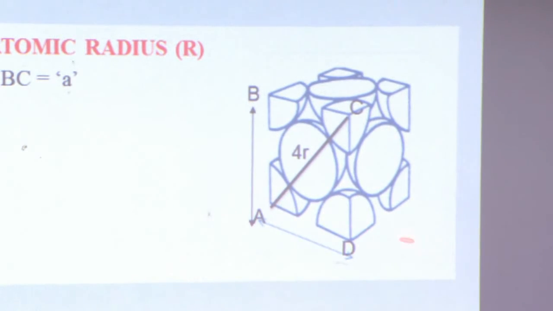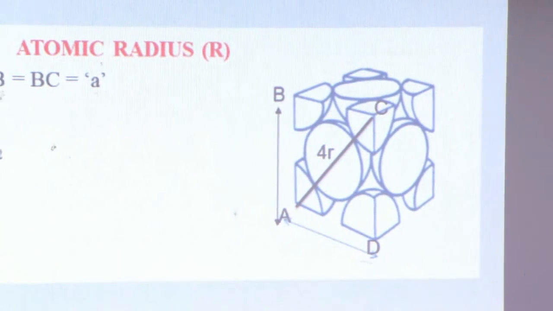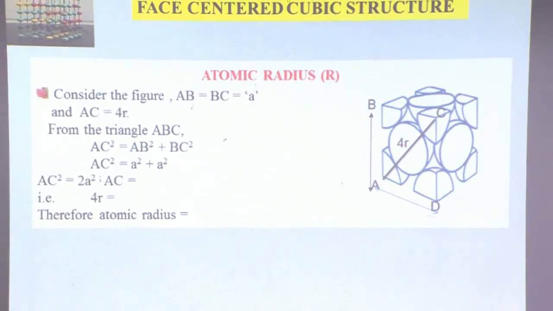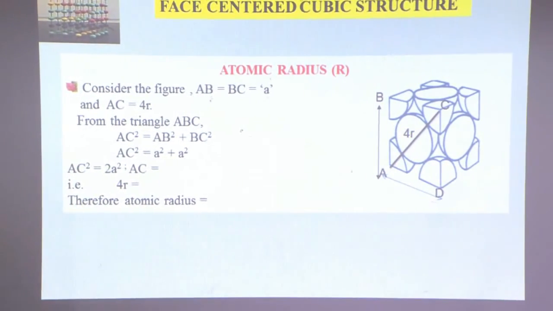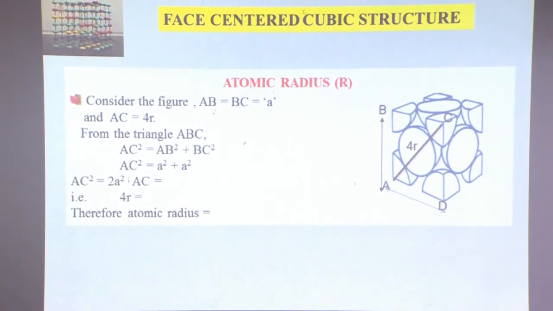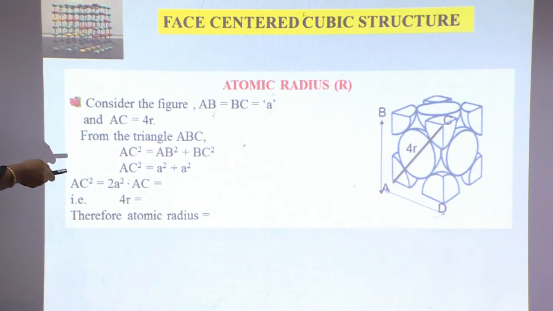Now we can find the value by using the Pythagoras theorem. AD square is equal to AC square plus CD square. We can consider any of the triangles, ABC or ADC, both will be the same. I am considering the triangle ABC. Here AC square is equal to AB square plus BC square.